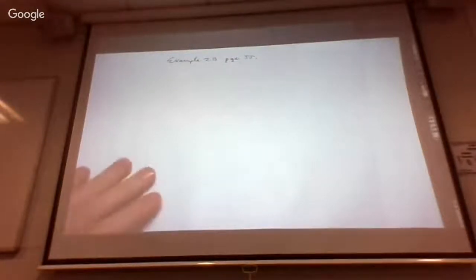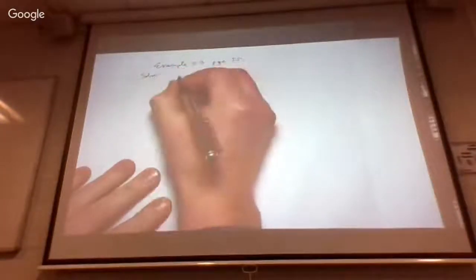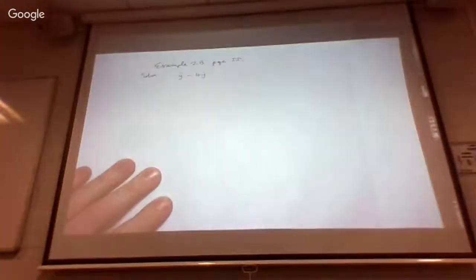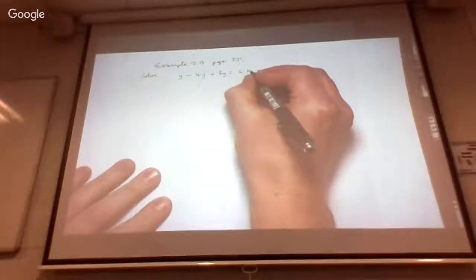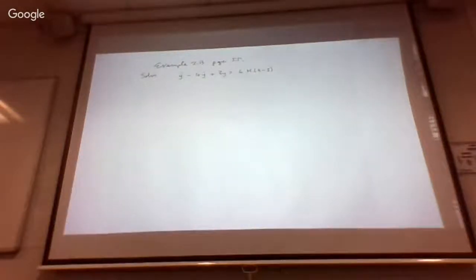Okay. This is example 2.13, and we want to solve this differential equation: the second derivative of y minus 4 times the first derivative plus 3 times y is 6 times the Heaviside function shifted by 5.